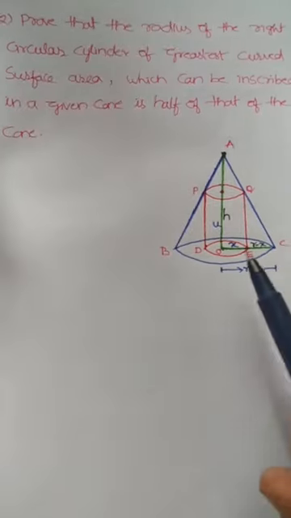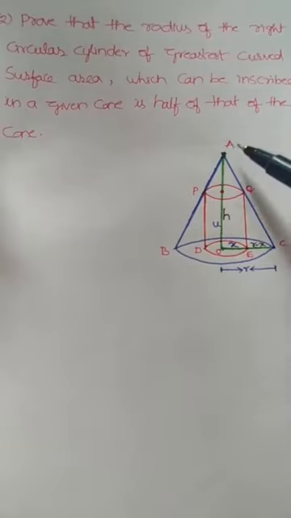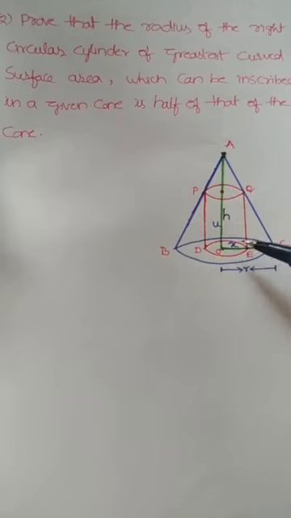Now observe this diagram. This ABC represents the cone and this PQDE represents the cylinder. Small h and small r are the height and radius of the cone.